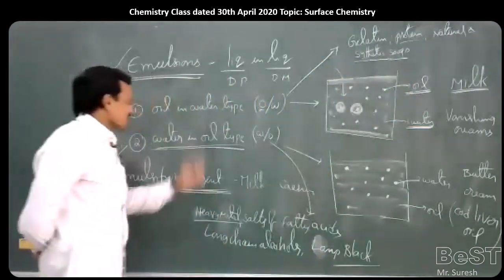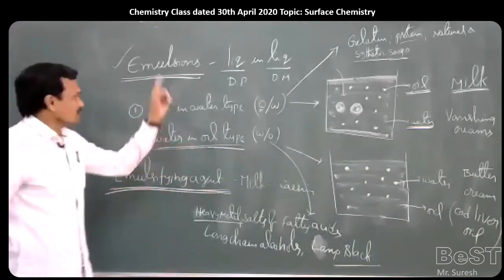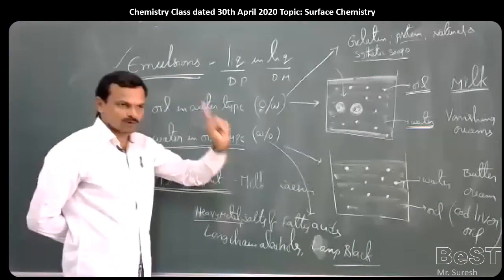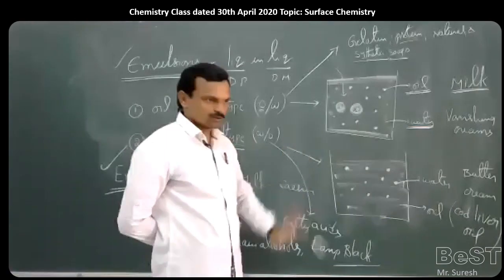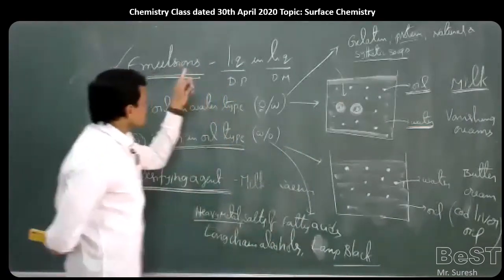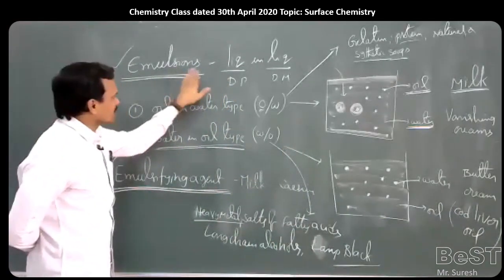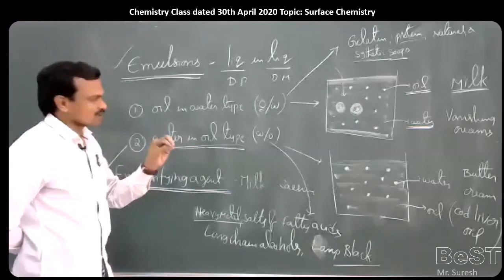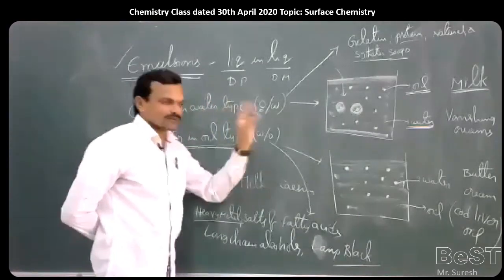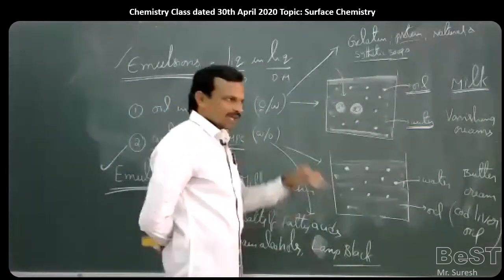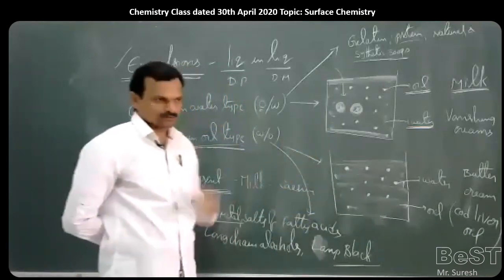Next, just like other colloidal solutions, these emulsions can also show Brownian movement as well as the Tyndall effect. And these emulsions can be coagulated by methods like centrifugation, or by heating, or by freezing.